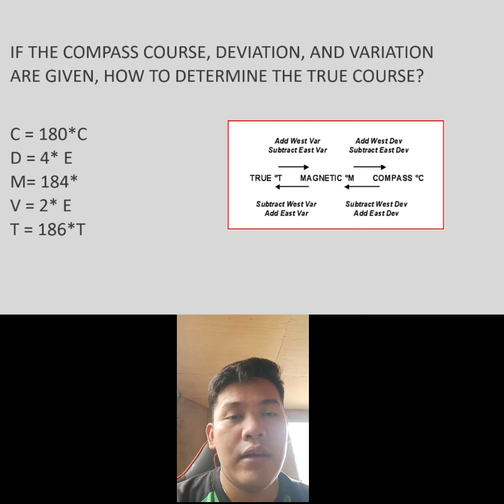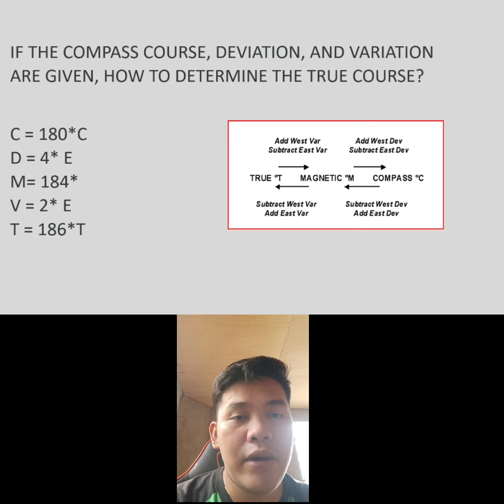So in this correcting way, we need to subtract the westerly sign and add the easterly sign. Since our deviation is east, we need to add them. 180 plus 4 degrees east is equal to 184 degrees, and that is our magnetic course. And the variation is 2 degrees east, so we also need to add them. So the answer for the true course is 186 degrees true.